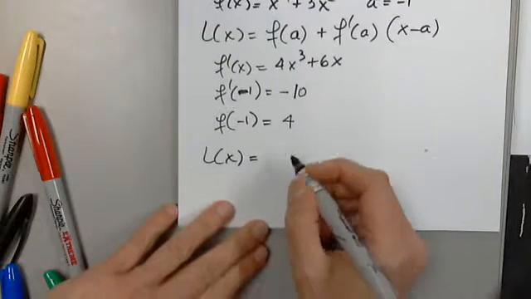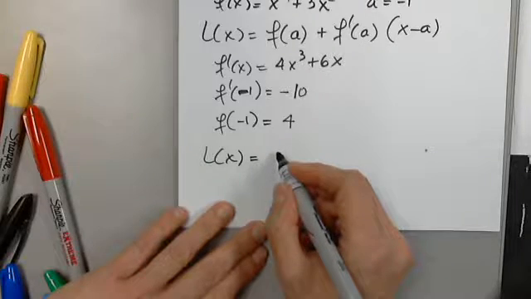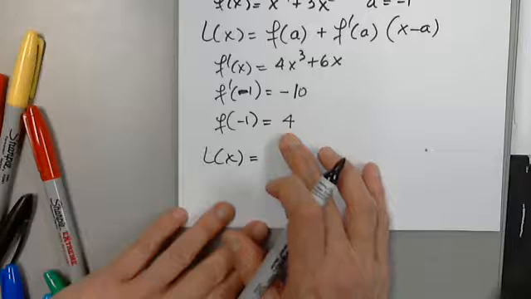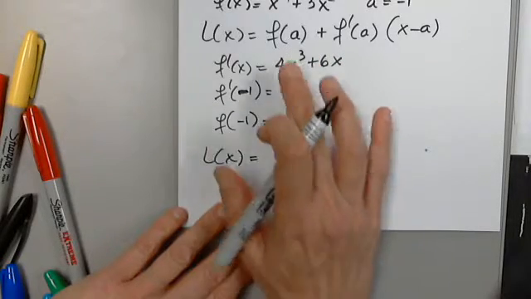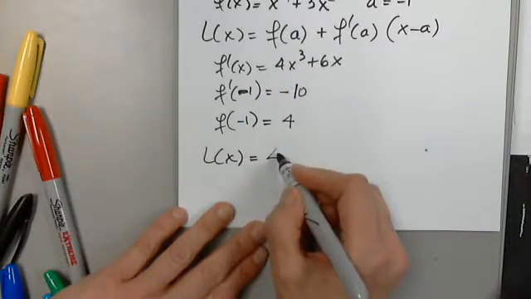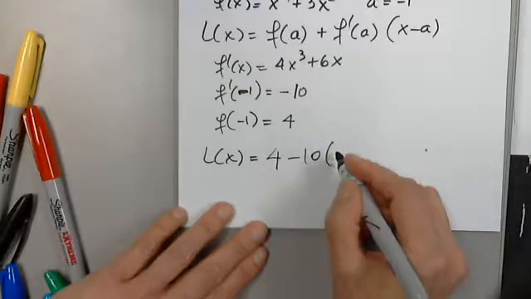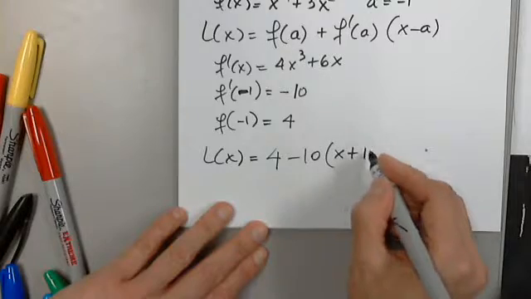So what do I have to write? f of a, which is 4, minus 10 times x minus -1.